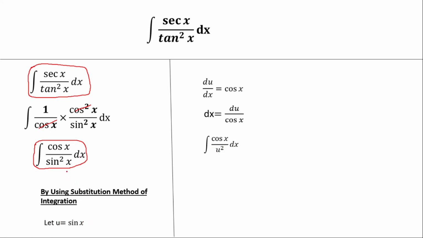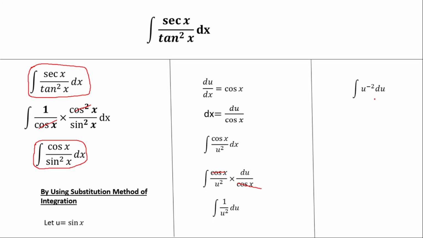So when sin x is squared, it will be u squared. After doing this, you replace the dx with du over cos x. When you do that correctly, this cos x will take care of this cos x, leaving 1 over u squared du. So this is what you're going to integrate.